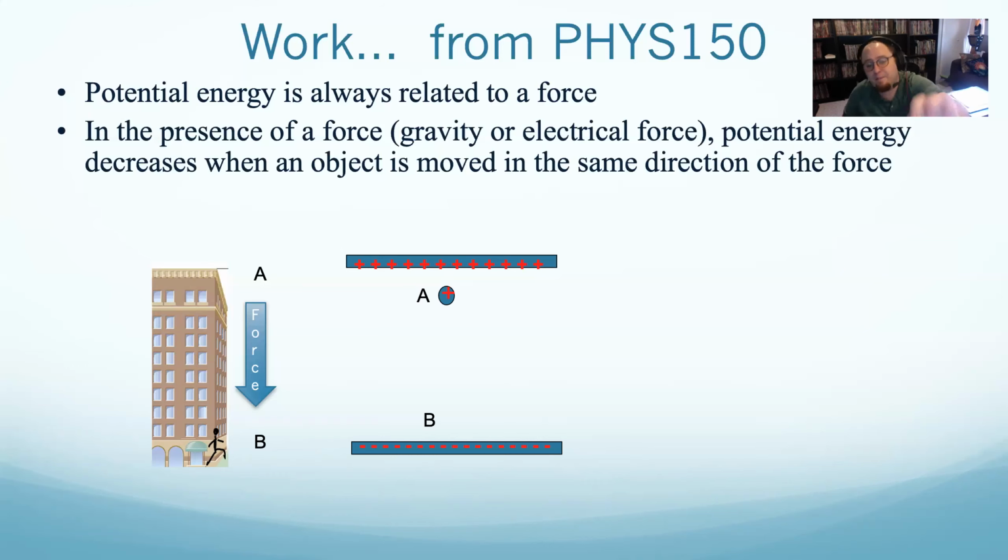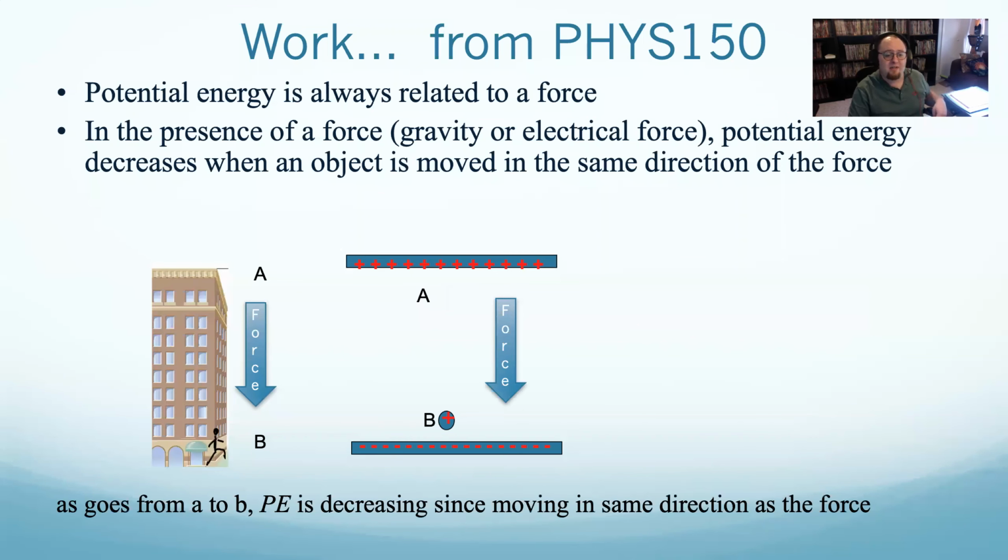And if I put a positively charged particle in that field, there's going to be a force acting on that positively charged particle pointing downwards. And if you let go of this charged particle, it would move from A to B. And what you can see is this looks kind of the same. One is just gravity pushing it down, and the other is just the electric field pushing it down. But otherwise, it's the same basic setup.